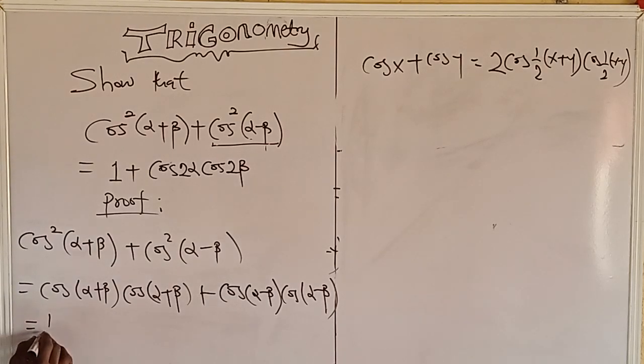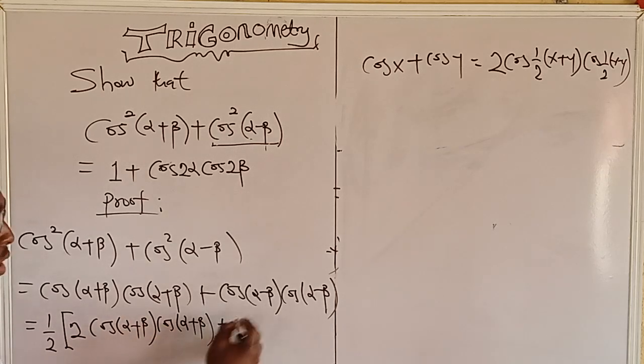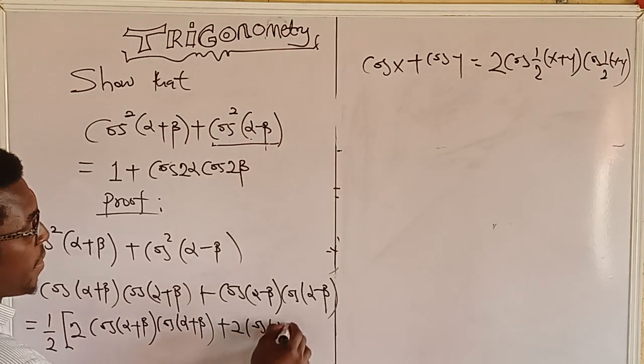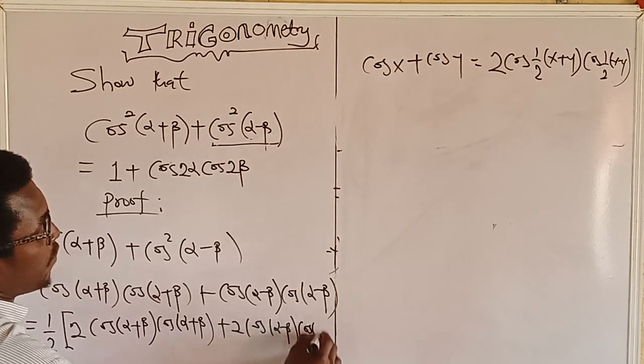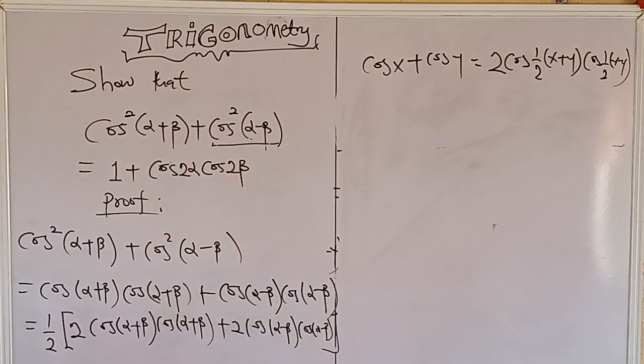This can be written as half, then we insert the 2: 2 cosine of alpha plus beta, cos alpha plus beta once again. Can you see that? Also the same thing with this: 2 cosine of alpha minus beta multiplied by cos alpha minus beta.